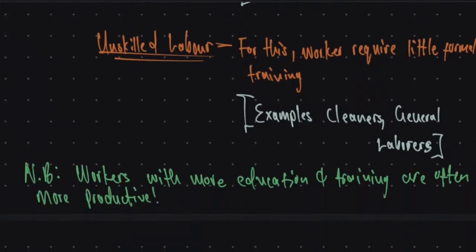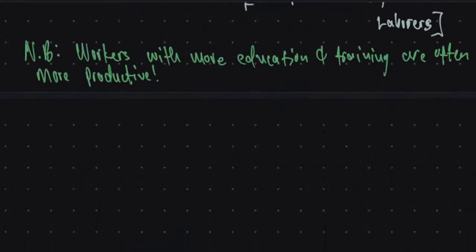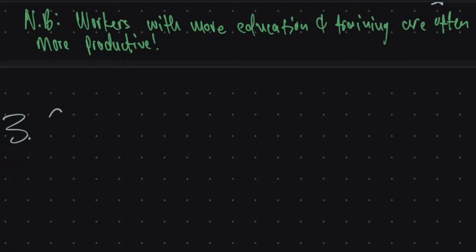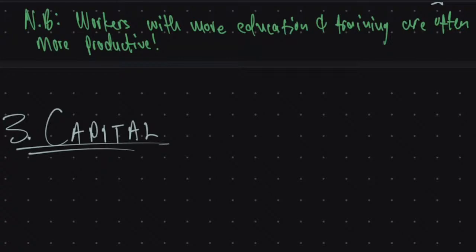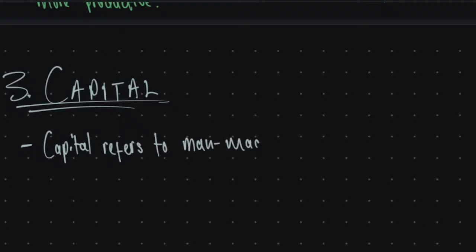Okay, now let's do the third one. We have just four factors of production. The third is capital. That's the third factor, and I want you to know what it means. Capital refers to man-made resources.